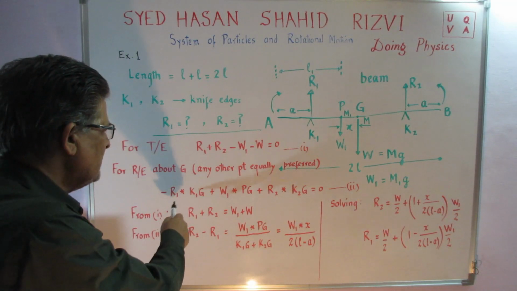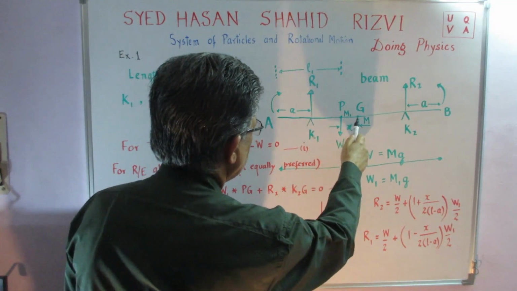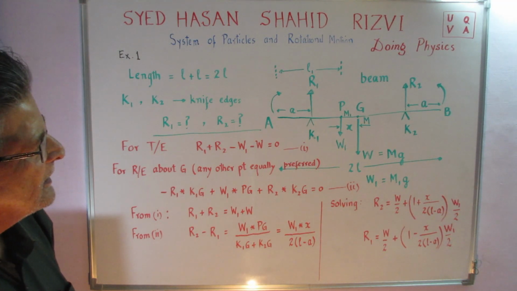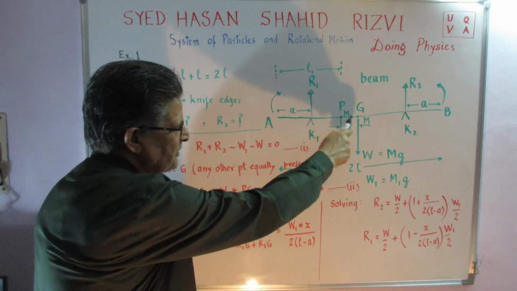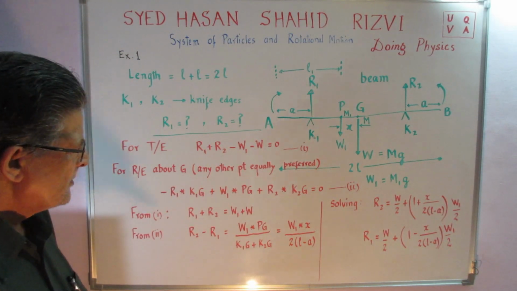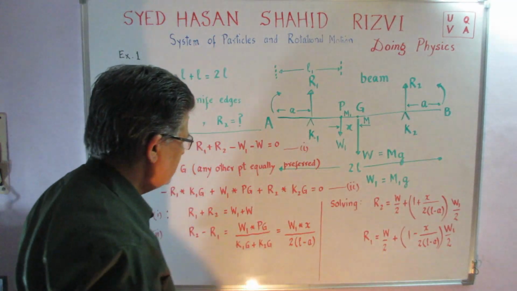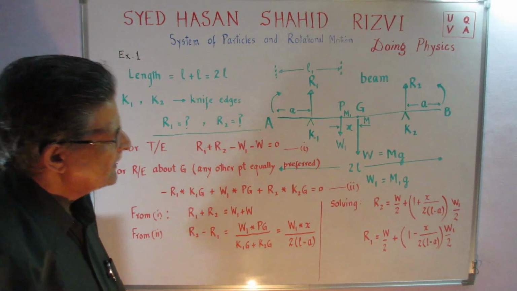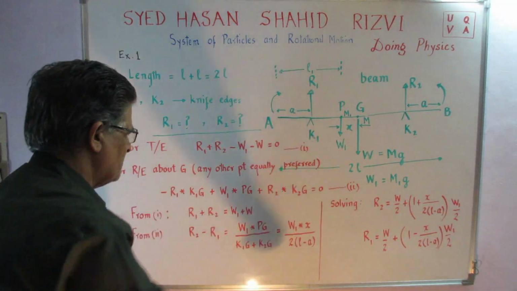Then R1 into K1G, plus W1 into PG, which will turn out to be X as has been indicated there, plus R2 into K2G. These two are positive, the first one is negative. Call this equation number 2.